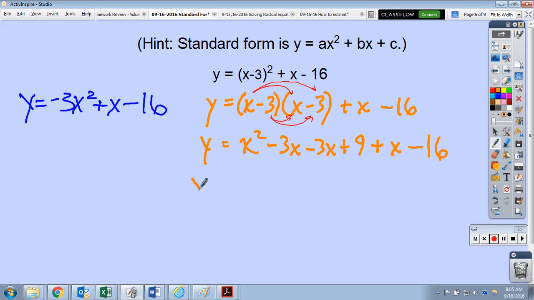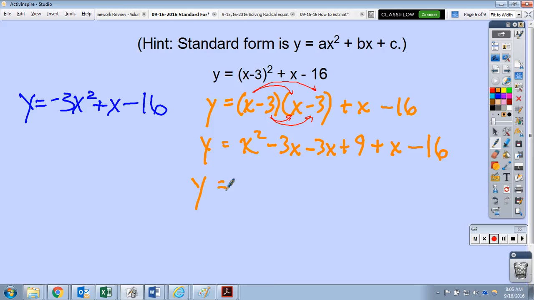All right, so we continue. Now what does this simplify to? This right-hand side of the equation. Do we see any like terms? Negative 3x and x and 16. Well, hold on.